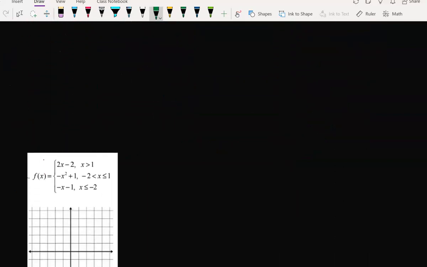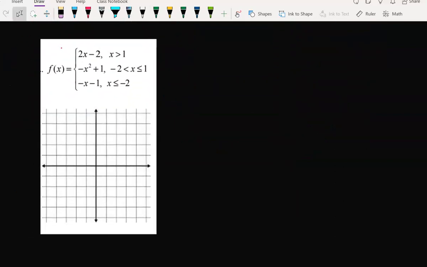Next one. Now let's go ahead and graph this. If I were to say, hey, graph this, first I'm going to start my graph from the leftmost. So I'm going to find some points, especially where it equals right here.